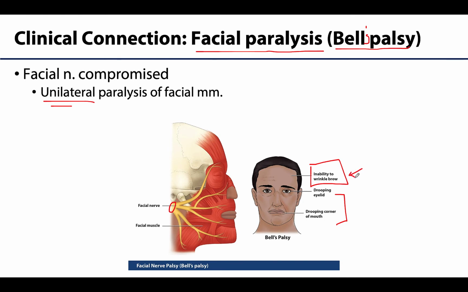And this is due to the upper motor neurons for the cervicofacial division of the facial nerve being derived from the contralateral, or opposite, side of the cerebral cortex, so this would not be affected in that cerebrovascular accident. All right. So the key here for Bell's palsy is pretty much all the muscles of facial expression on one side will not be able to contract, and you will not have those typical movements.